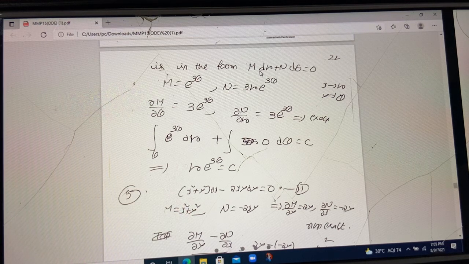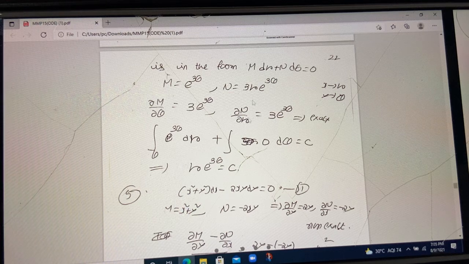Whenever an equation is given as m dr plus n d theta equals 0, x means r, y means theta. In the formula, dou m by dou y we used to find; instead of y, it is dou m by dou theta. What is dou by dou theta of e power 3 theta? 3 e power 3 theta. If it is integration, it is divided by 3; differentiation is multiplied by 3.